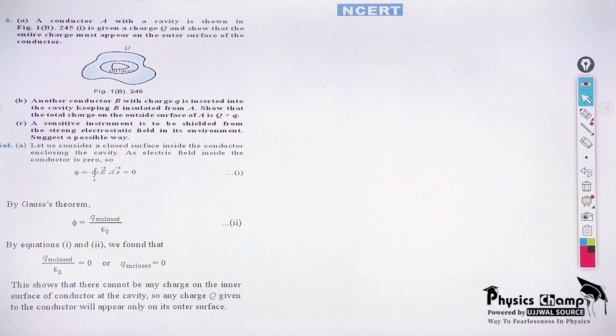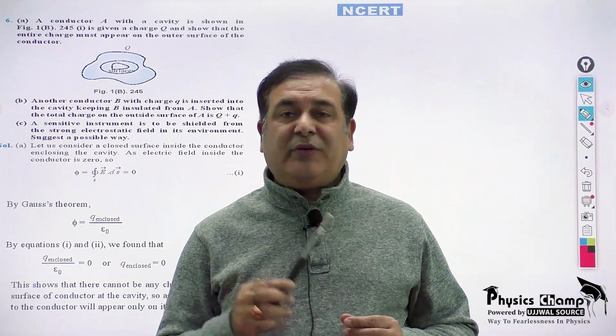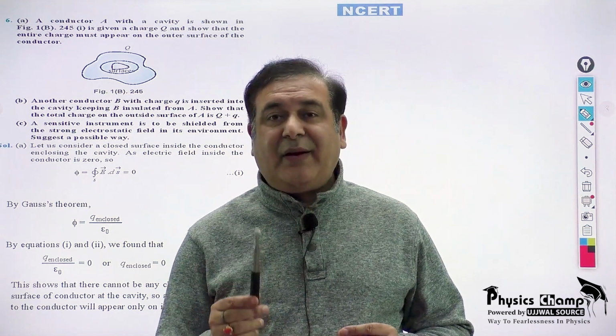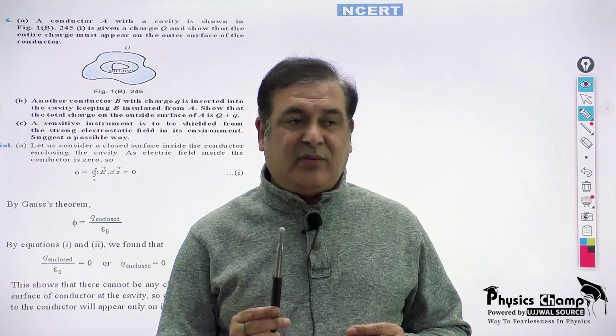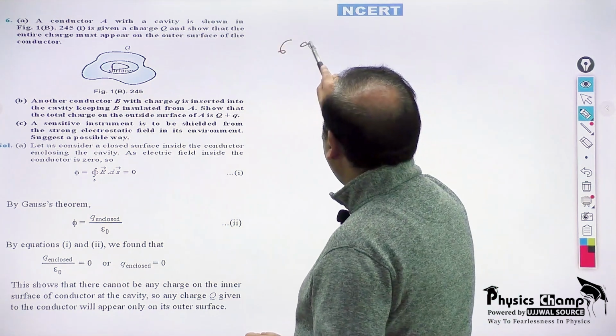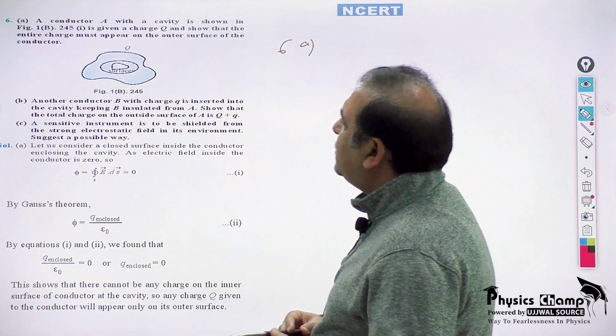Now question number 6 of NCERT is based on the concept that the electric field inside a conductor is 0. A conductor A with a cavity is shown in the figure.